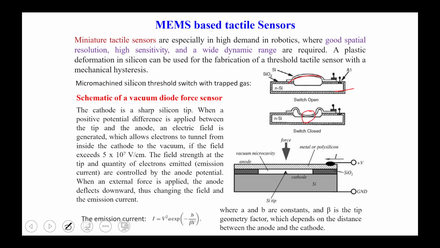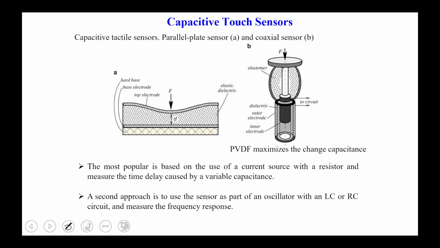When it makes contact, it means the switch is closed, the same as the working of an electrical switch. This is another type of touch screen with a change in capacitance. Here we check the pressure.